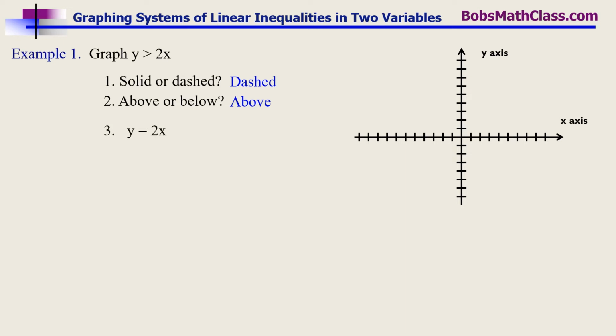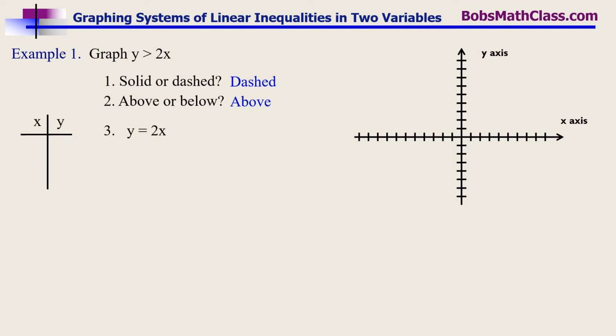Next step is get some points. Change it to an equals. Again, you can use any method you want. You can use the slope and the y-intercept. Our slope is 2, and our y-intercept is 0. So using the slope, that's up 2, right 1. I'm going to make a table.